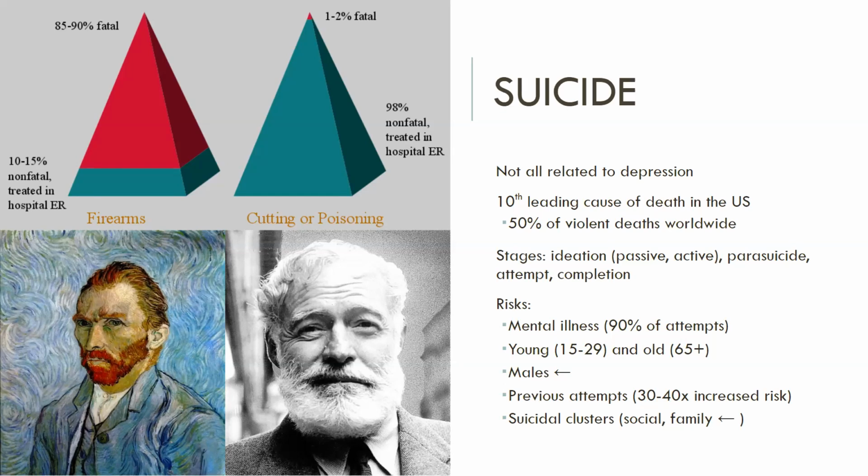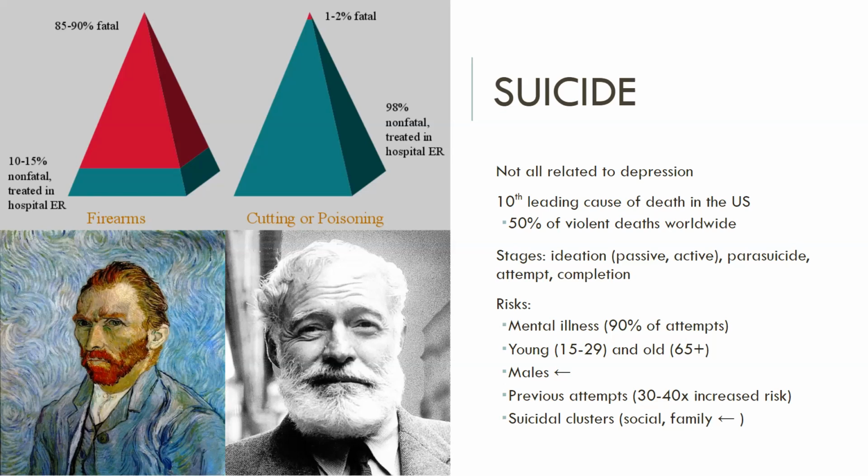Males are more likely to choose more fatal methods like a firearm, which carries an 85 to 90% fatality rate. Versus females are more likely to choose cutting or poisoning methods, which only carries a 2% likelihood of fatality.